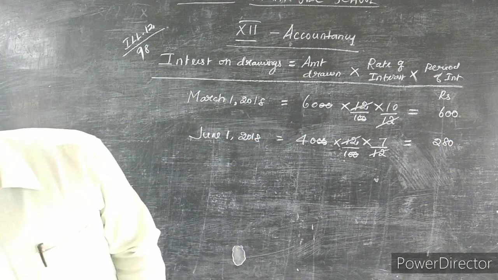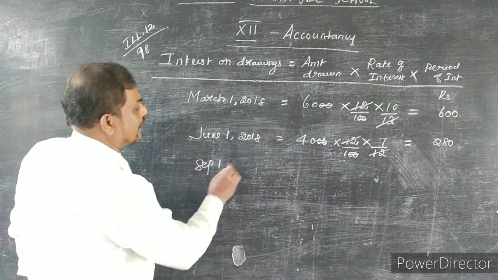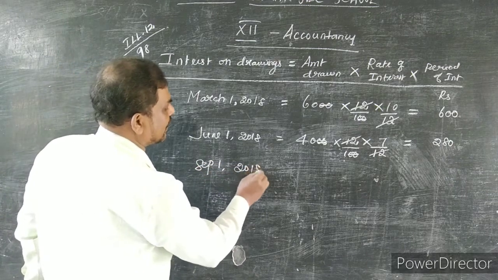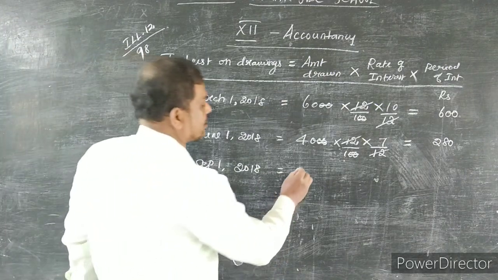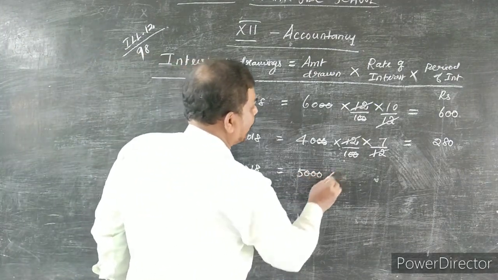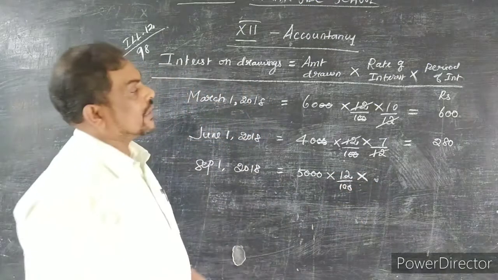Second one is 480. Third, on September 1, 2018 he took an amount of 5,000 rupees. So 5,000 into 12 by 100 into the period of interest.